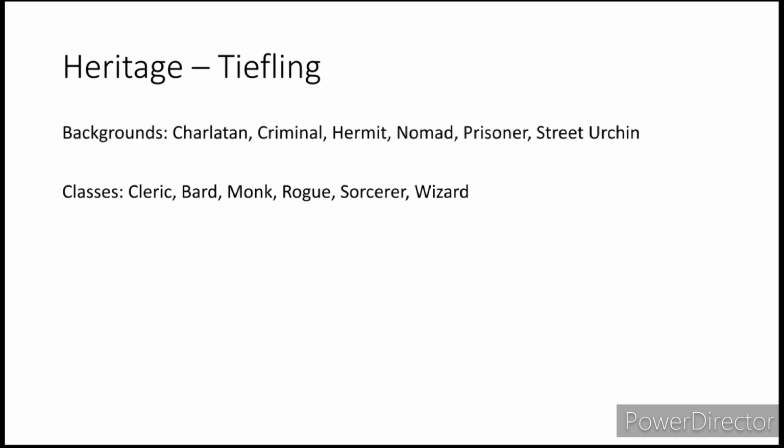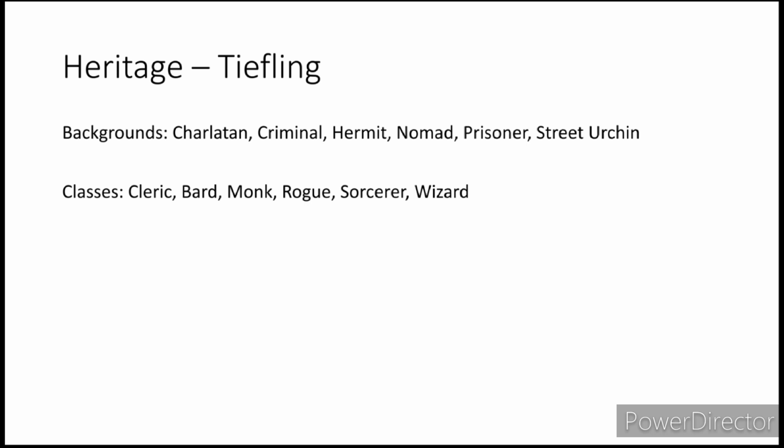As far as characters go, you might have a tiefling who is a charlatan, criminal, hermit, nomad, prisoner, or street urchin. A prisoner and criminal if you are going the more evil route, since some tieflings still do have that criticism upon them, much like some Osamas have the stereotype of you having extraordinary gifts.